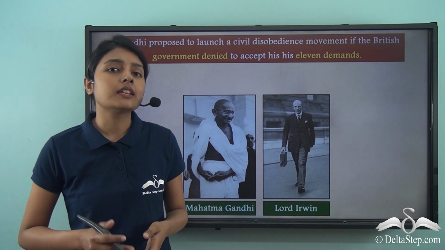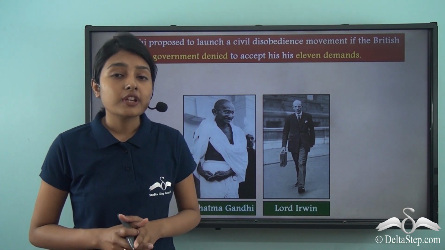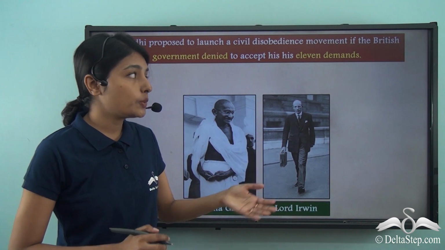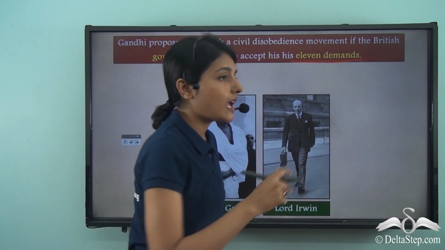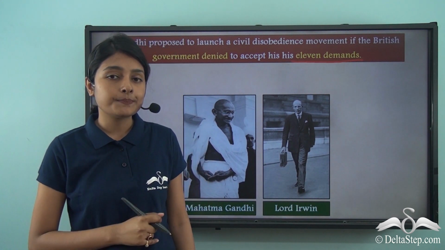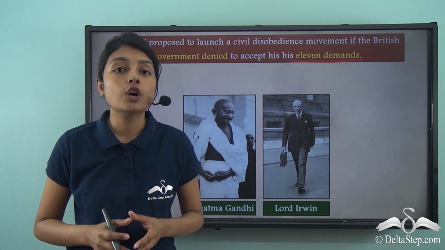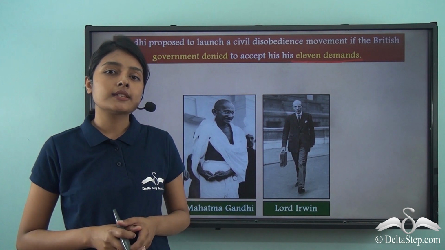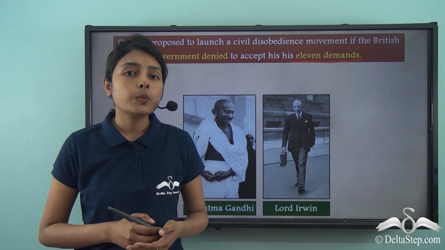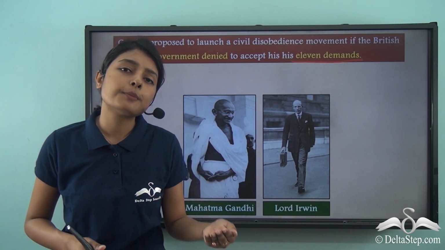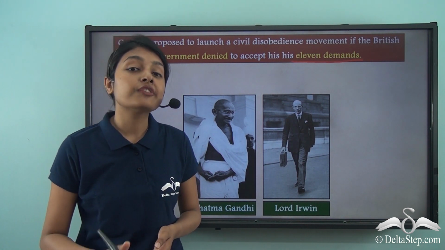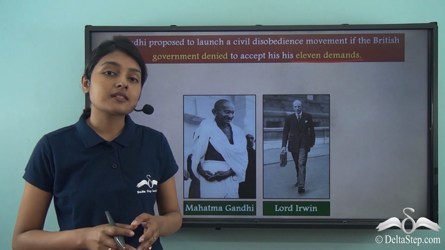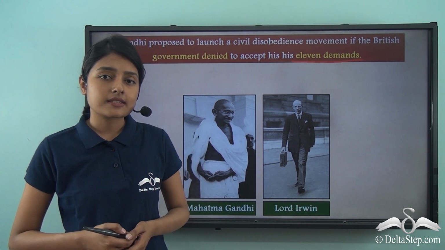Now, Mahatma Gandhi mentioned that if the government and Lord Irwin did not accept his 11 demands that were stated in this letter, he would now launch a civil disobedience movement. Now, Lord Irwin was already pressurized by Britain, because Britain did not want to give India dominion status or complete independence.